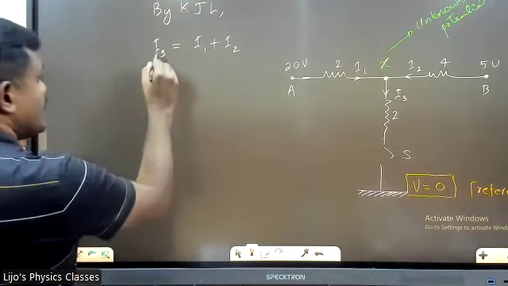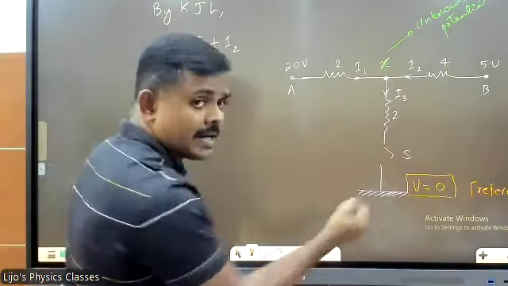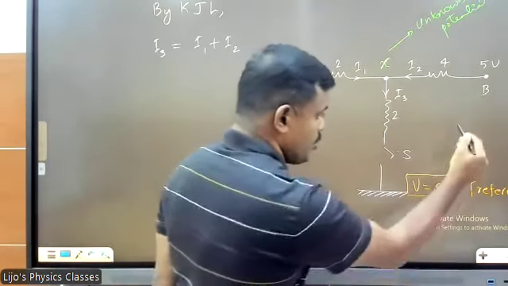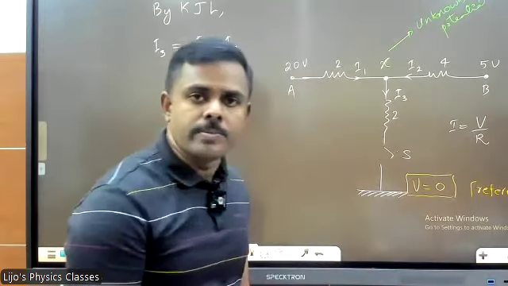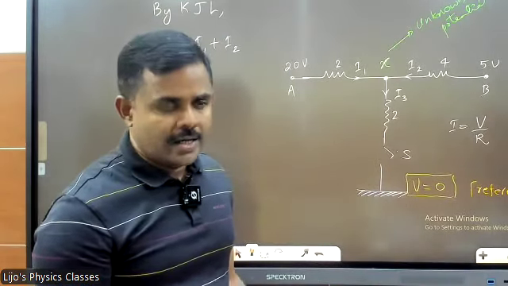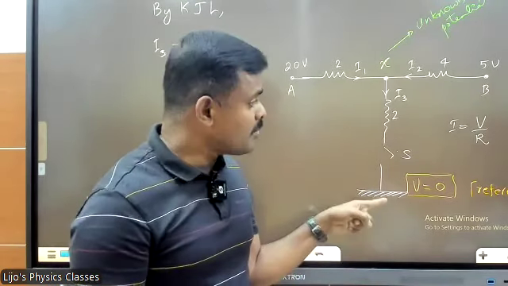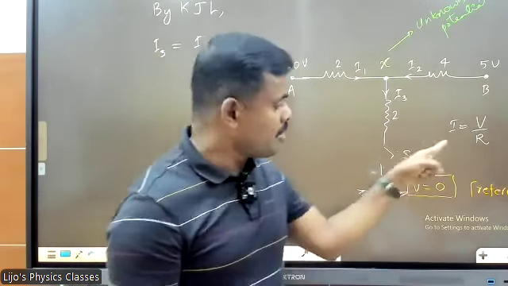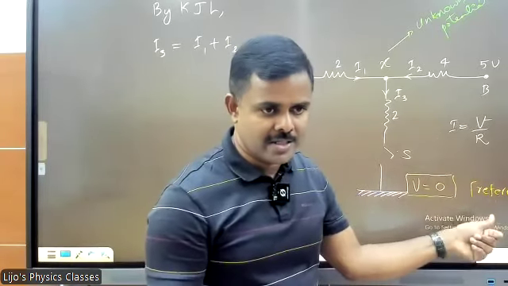Now put the values. What is I3? If you don't know, you must write current is equal to voltage by resistance. This is called Ohm's law. I'm going to write Ohm's law for this branch. What is the equation for current? Voltage divided by resistance.